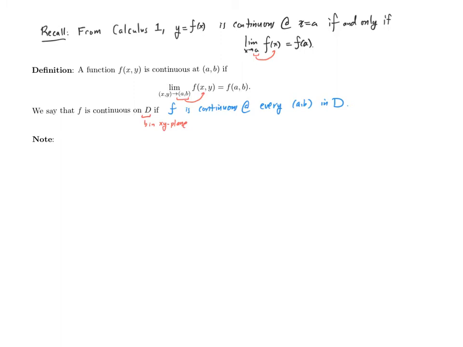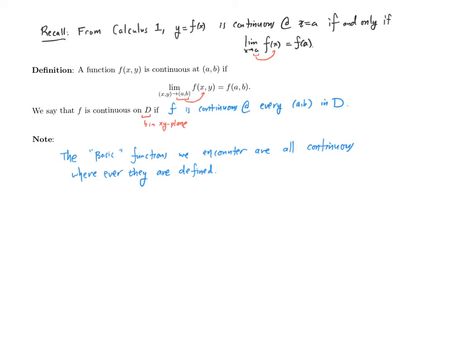And the big observation I want to make, and the most important point I want to get across for this topic, is that all of the basic functions we encounter are continuous wherever they are defined. That is, all of these basic functions that we encounter on a regular basis, think polynomials, powers of x's and y's, constants, trig functions, exponentials, natural logs, inverse trig functions.